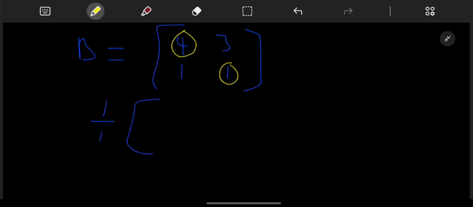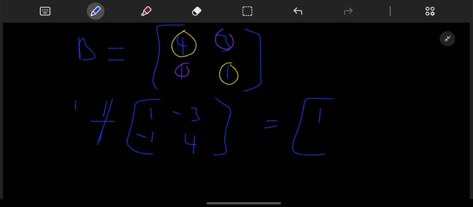Then these numbers interchange, so it's going to be 1 right here and 4 right there. And these numbers, we multiply by -1. So 3 times -1 is -3, and 1 times -1 is -1. And 1 over 1 is simply 1. So the inverse of this matrix is going to be 1, -3, -1, and 4.